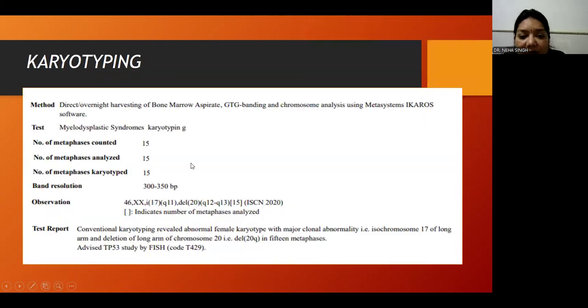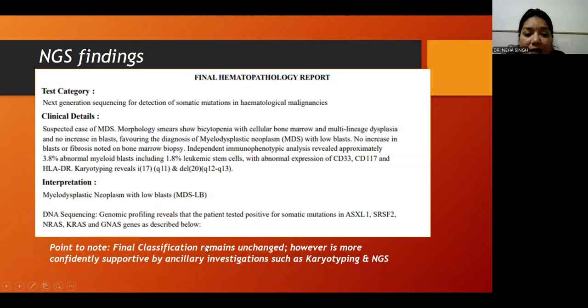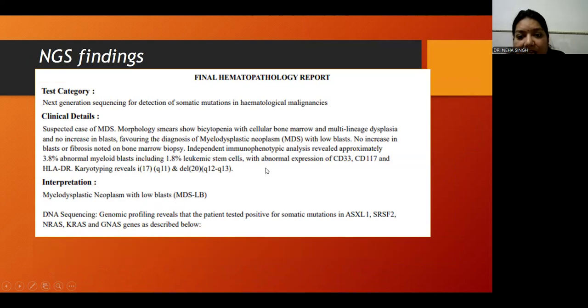So the karyotyping result in this patient shows isochromosome 17q and deletion 20. Some of you must be hoping that based on the hypolobated megakaryocytes, this could come out to be a deletion 5q. Unfortunately, it didn't. Then we went ahead and did an NGS in this case. Also, the flow cytometry was also used in this case, which showed 3.8% abnormal myeloid blasts and 1.8% leukemic stem cells.